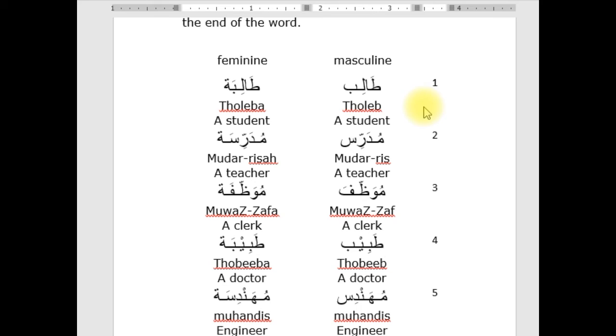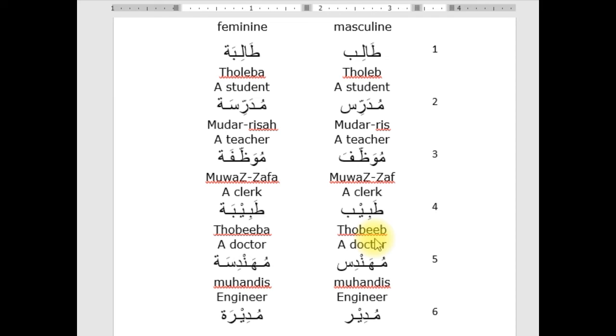Let's repeat again. طالب, طالبة. مدرس, مدرسة. موظف, موظفة. طبيب, طبيبة. مهندس, مهندسة. مدير, مديرة.